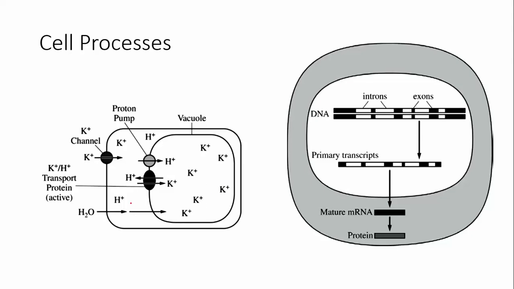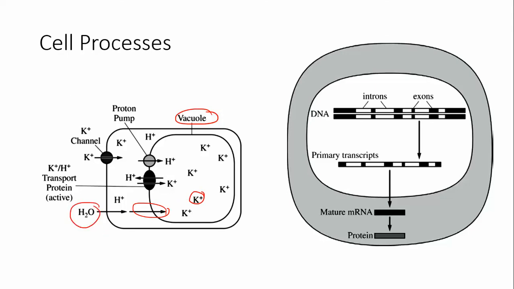So once again, you're going to pay attention to the direction of arrows. You're also going to pay attention to any labels that tell you where things are happening. So for example, this is showing you that you have a vacuole, okay? Then you have labels for each of the different molecules, and you also have these ions, and you have water.